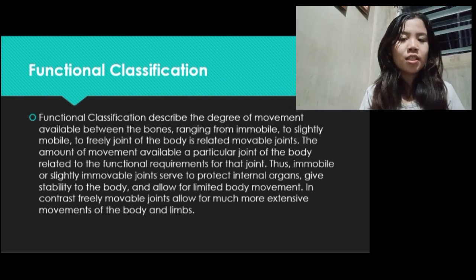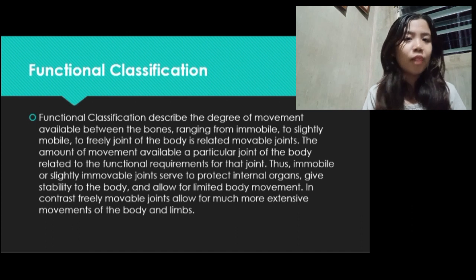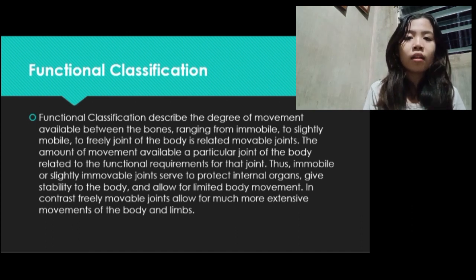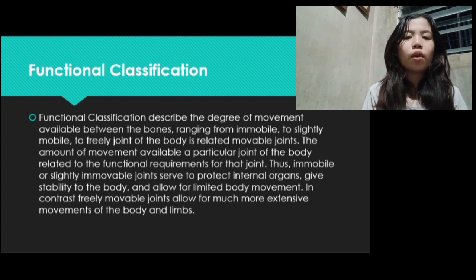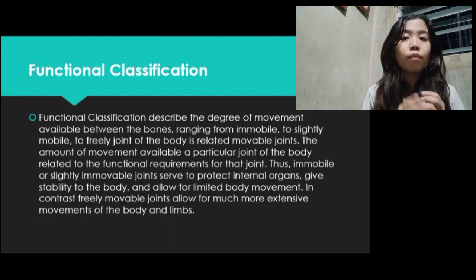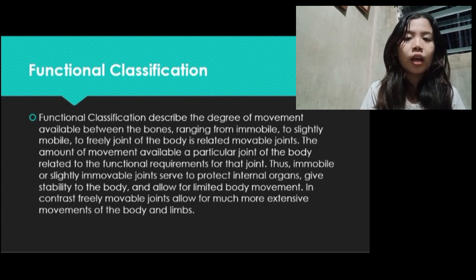Functional classifications describe the degree of movement available between the bones, ranging from immobile to slightly mobile to freely movable joints of the body. The amount of movement available at a particular joint of the body is related to the functional requirements for that joint.